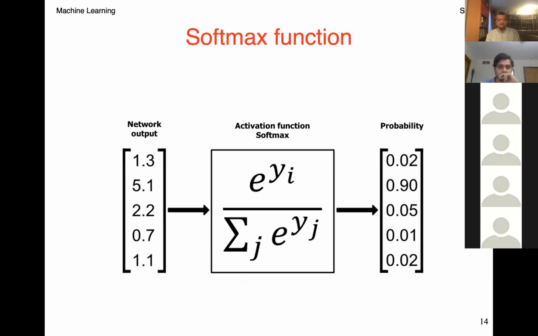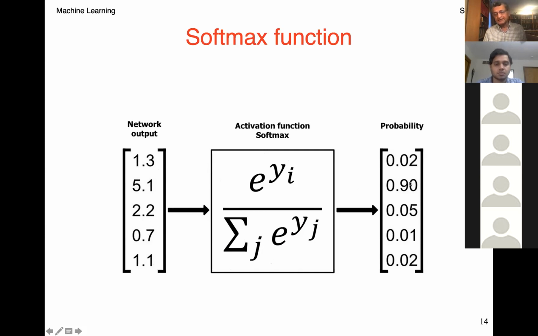So what is Softmax? Softmax says if your network output is 1.3, 5.1, 2.2, 0.7, 0.1, these are all the various values that have come out. Then the activation function Softmax says take each of them, the ith value here, raise e to the power of that, and then divide by the summation over all of them, e to the power of all the yj's, the summation over j.